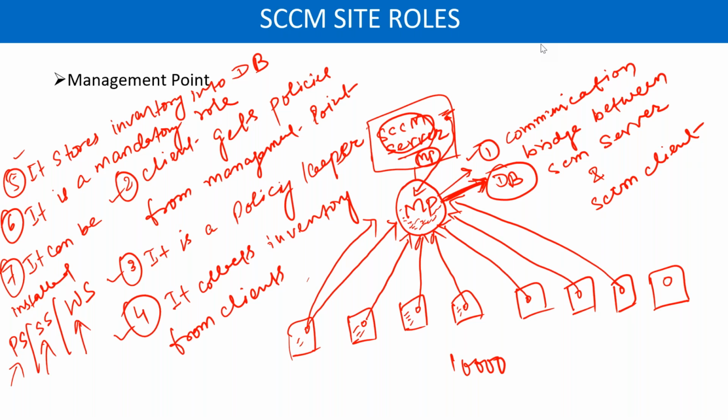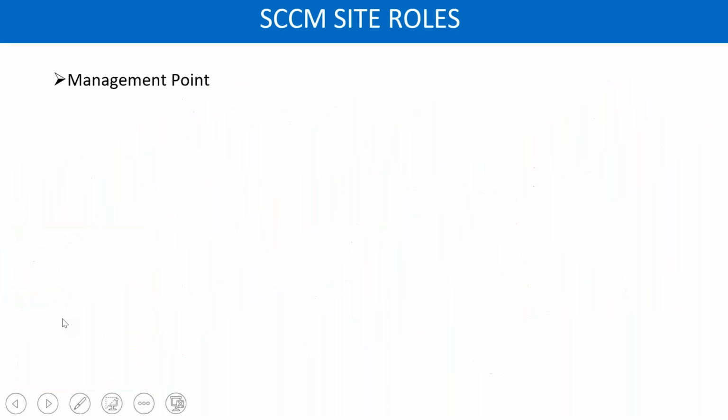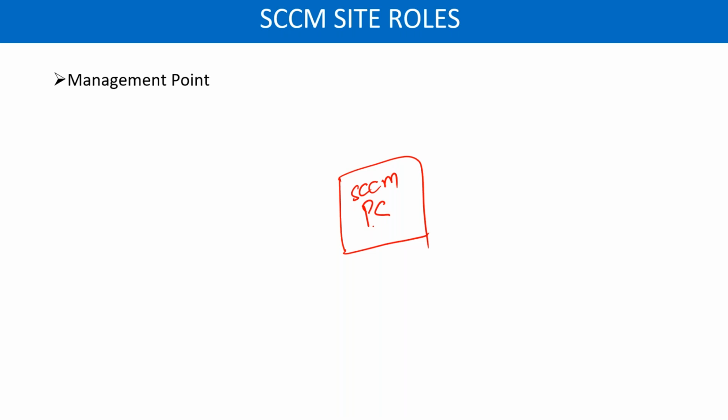So the last point is that it can be installed on any other server. So how, apart from primary or secondary, if you install it on any other server, how can it talk to the other? For example, this is your SCCM primary site server.